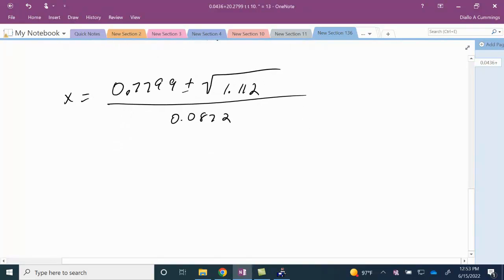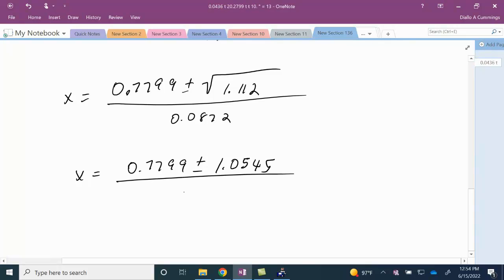Now we're going to take the square root of 1.112. So we have x is equal to 0.7799 plus or minus 1.0545, divided by 0.0872.